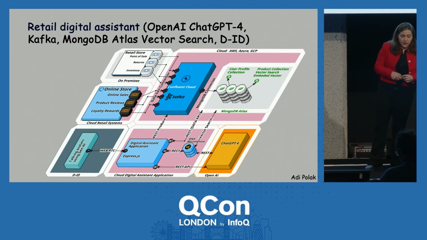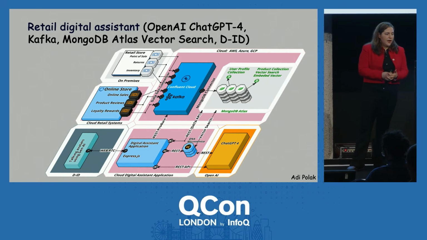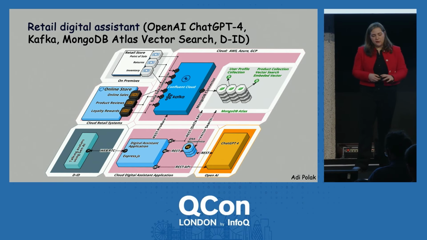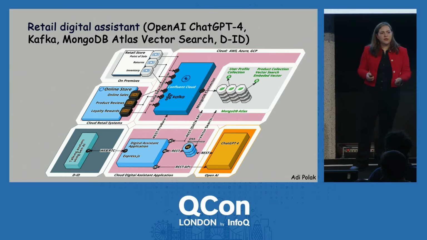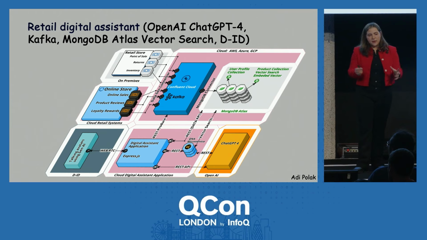I said that I get to meet a lot of customers as well, and there are some very interesting use cases. One is a retail digital assistant. Essentially, behind the scenes, they want to give a better experience for their users online. So they built the system. They have the online store. They have the retail store.